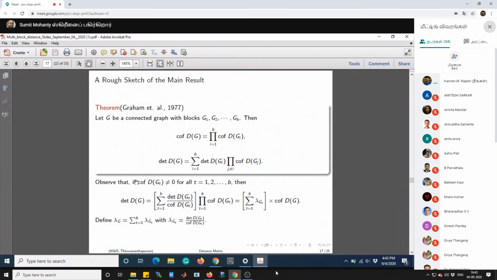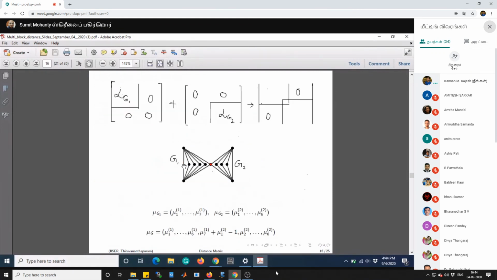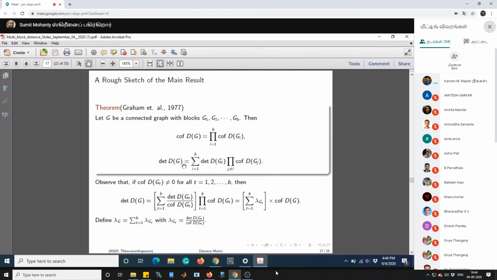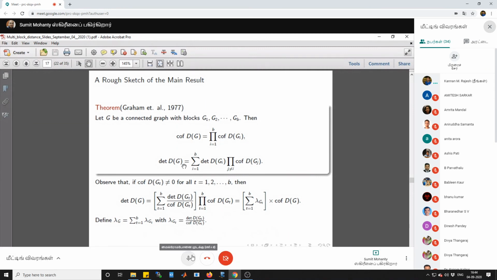The method we have used is for when all of the cofactors are non-zero. But if exactly one cofactor is 0, this determinant may not be 0. So the distance matrix may have an inverse, but we will not get it in this form. This rank 1 perturbation is not possible. It is possible to show that this rank 1 perturbation of a Laplacian-like matrix, this form, is not possible.